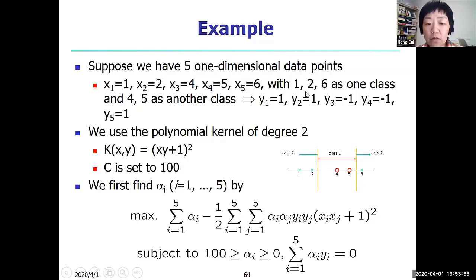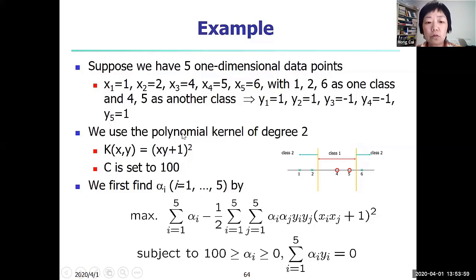So this is one group, and 3 and 4 is the other group. So these 2 data belong to one class, and these 3 belong to another class.